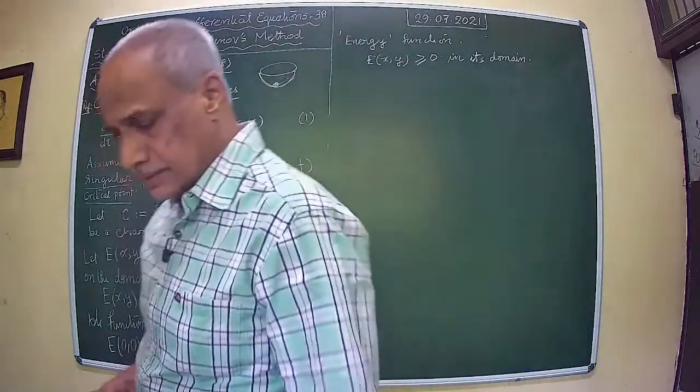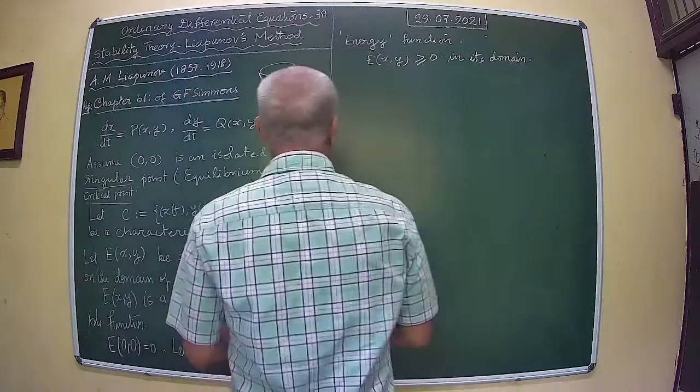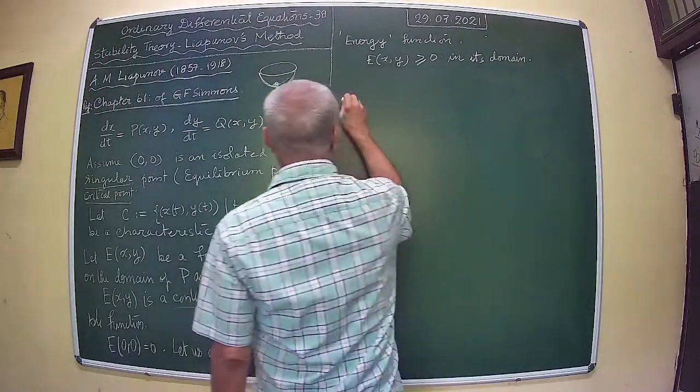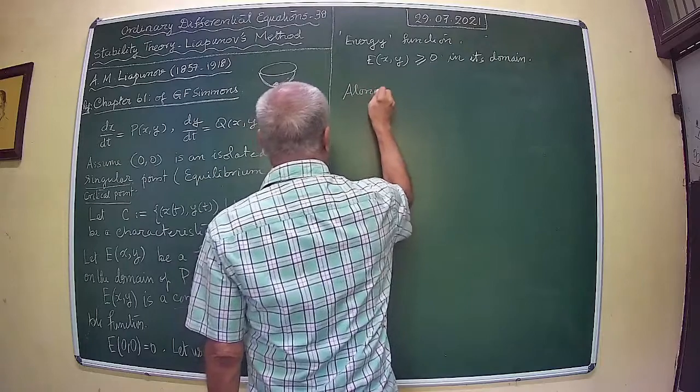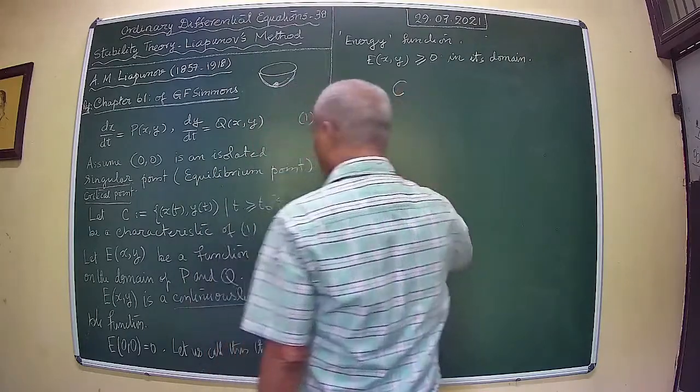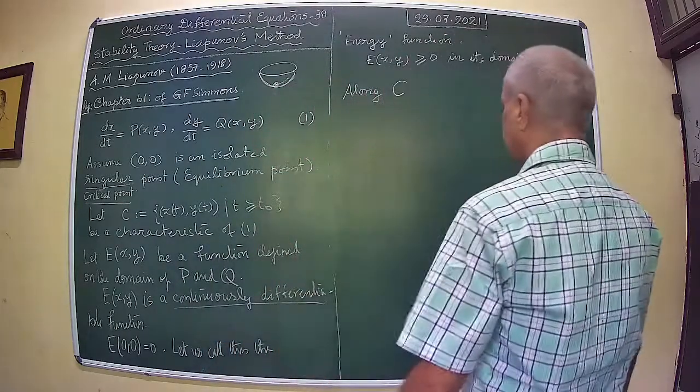Now look at, so we have the C. So along C, that is the characteristic.